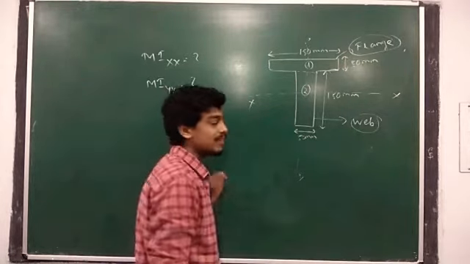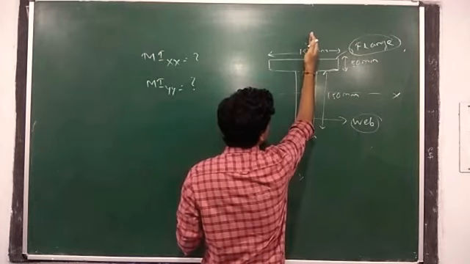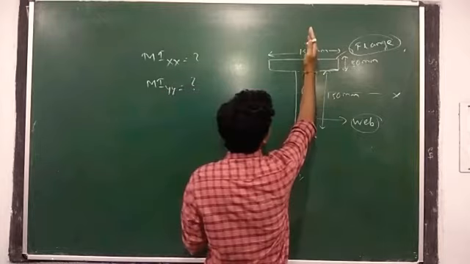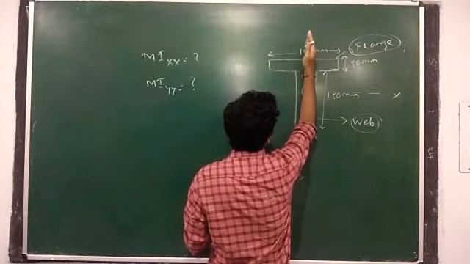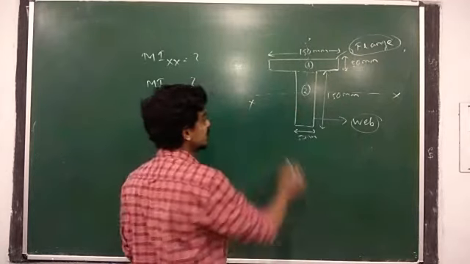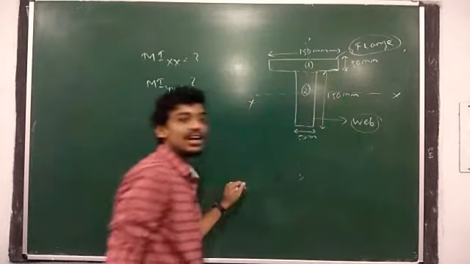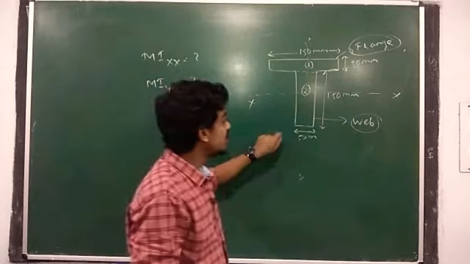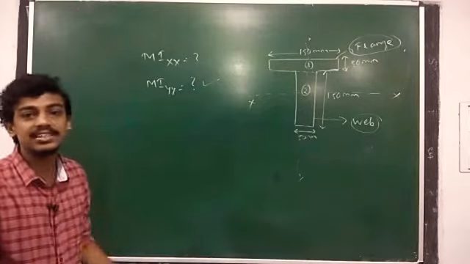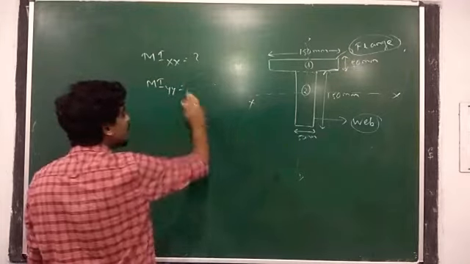Symmetrical means if we divide the total area into two equal halves, then that is called a symmetrical axis. If I cut here, it divides into two equal halves. But if we cut the section through the x-axis, it will not cut the area into two equal halves. So it is better to calculate MI about YY first, because it is easier, as it is the symmetrical axis.